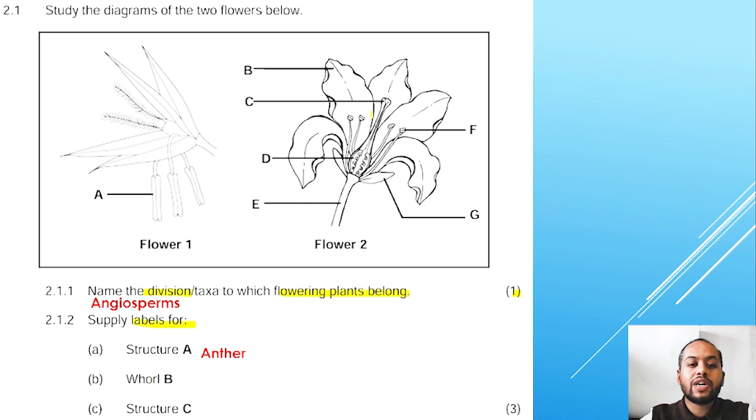Structure B, if we look at structure B, it's looking at this entire section here, referred to as the corolla, also known as the petal of the flower. Then structure C, if we look on the diagram, structure C is pointing to this structure on top, the first part of the female reproductive structure referred to as the stigma.